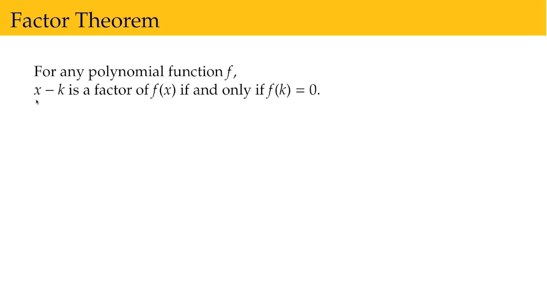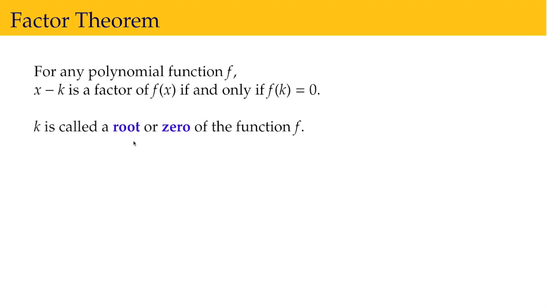So if x minus k is a factor of f of x, then f of k equals 0. And it's also true that if f of k equals 0, then x minus k is a factor of f of x. So this k is called a root or a zero of the function f.